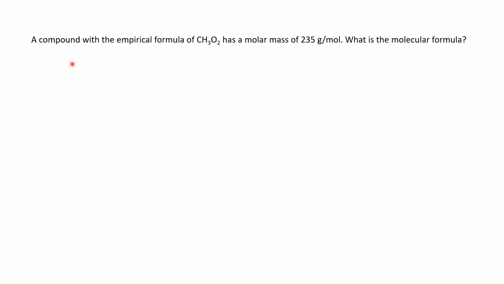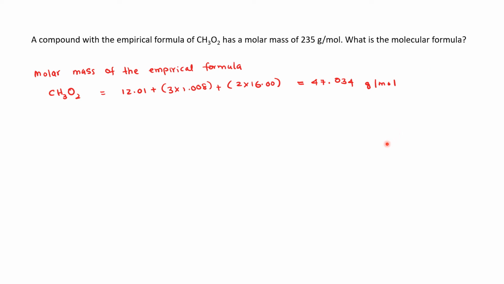A compound with the empirical formula of CH3O2 has a molar mass of 235 grams per mole. What is the molecular formula? So you need to remember that the empirical formula is the simplest form of your molecular formula.